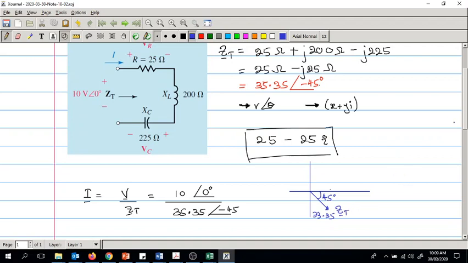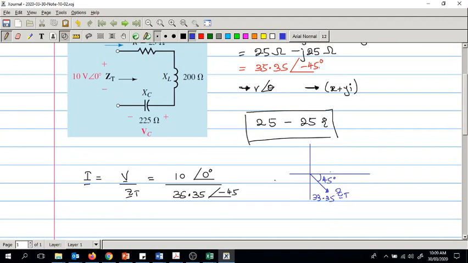So that's our ZT. And now, because you found this one, you can do this, or alternatively, 10 angle 0 degrees divided by what you found here, 25 minus j25, right?